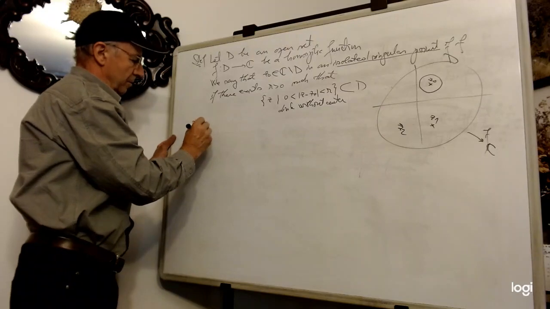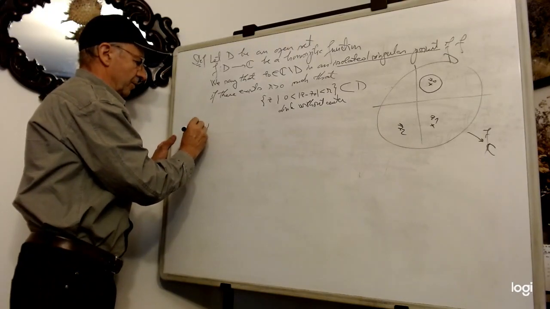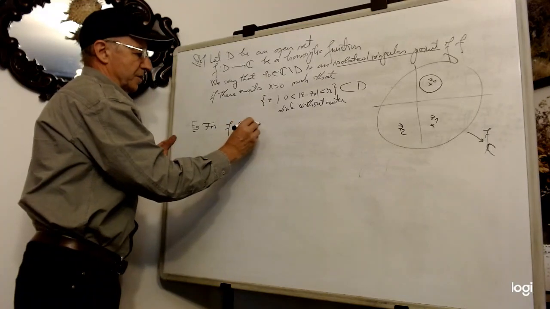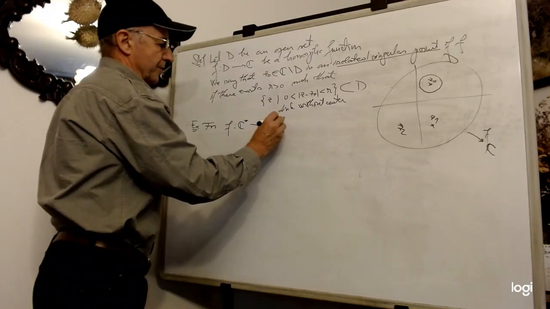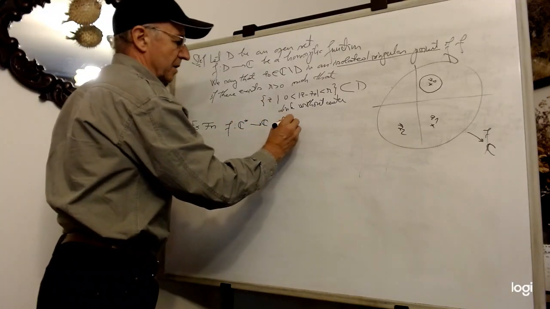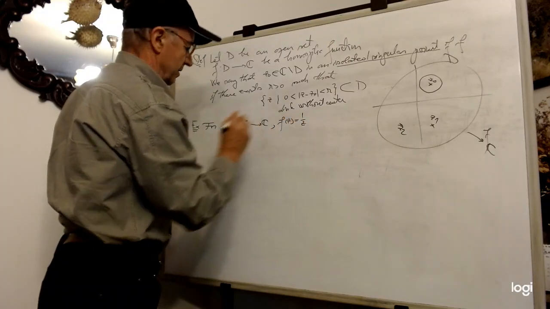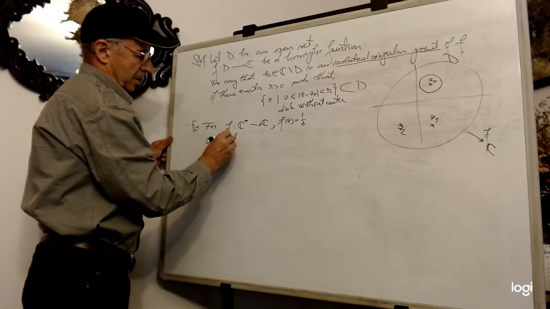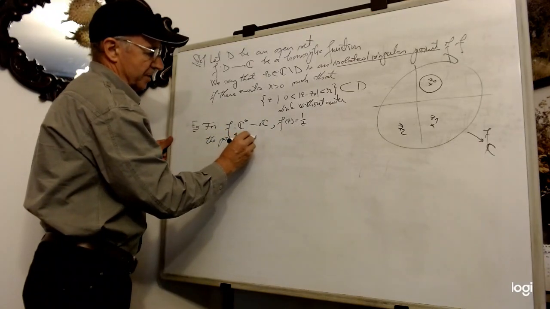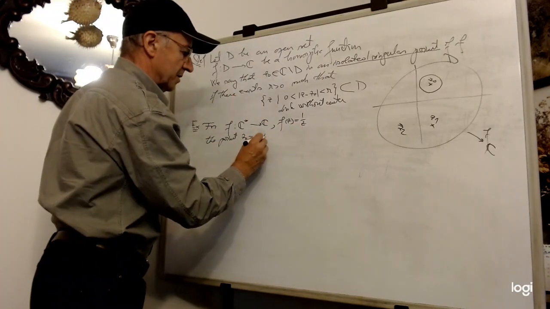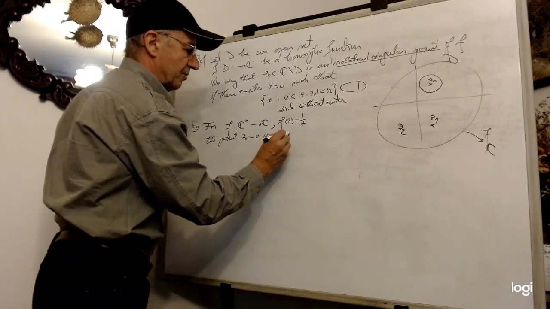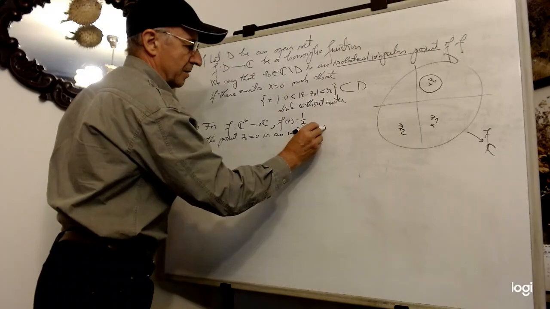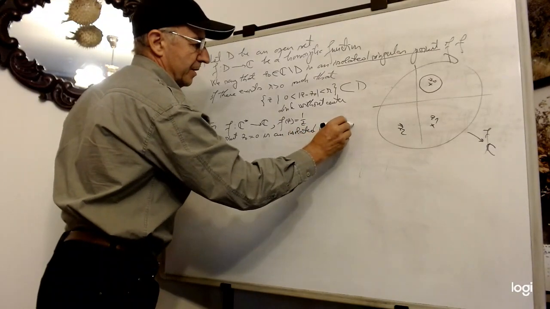Example. For the function f from C star to C, f of z equals 1 over z, the point z0 equals 0 is an isolated singular point.